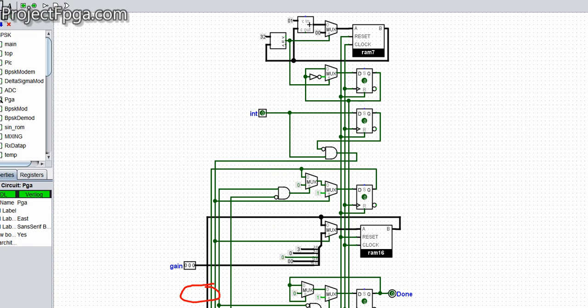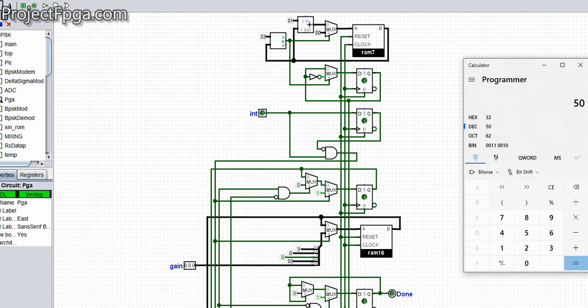Remember I told you earlier that we have 200 megahertz of clock from the initial circuit. The main clock frequency of this whole circuit is assumed to be 200 megahertz. So if you are trying to generate 4 megahertz from it, you do 200 megahertz divided by 50, and 50 in hexadecimal is 32.